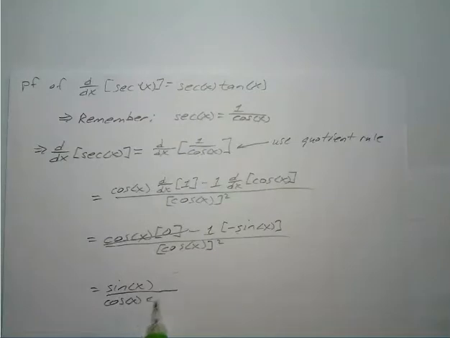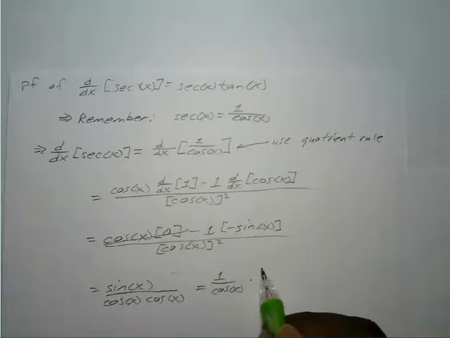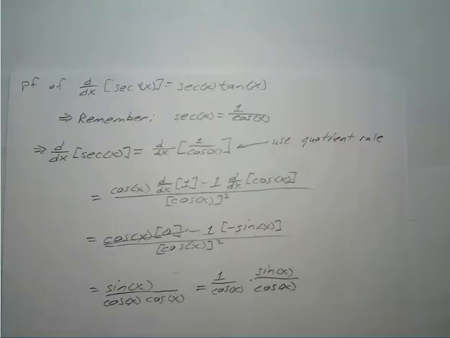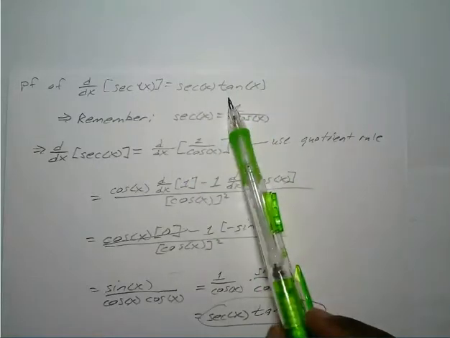Alright, so we can actually separate this to equal 1 over cosine x times sine of x over cosine x. Okay, so 1 over cosine is secant, and sine over cosine is tangent. Okay, which matches up with what we have here.